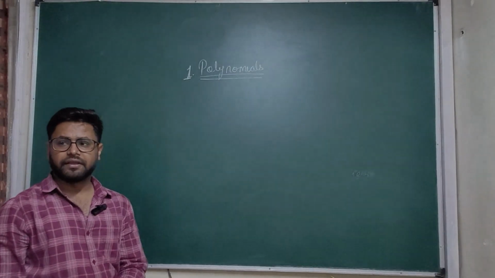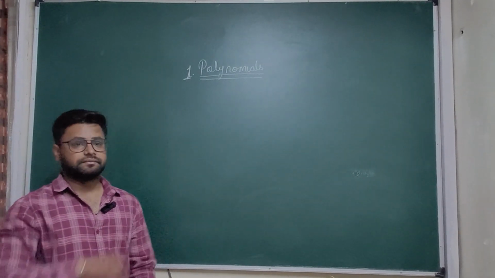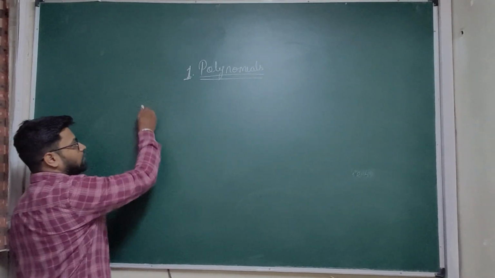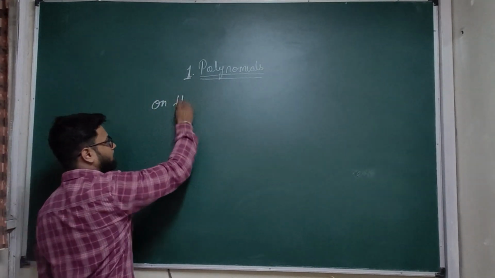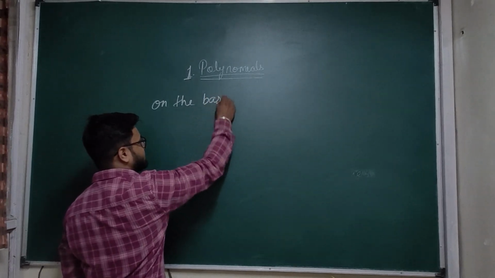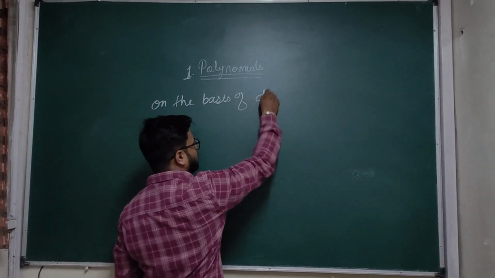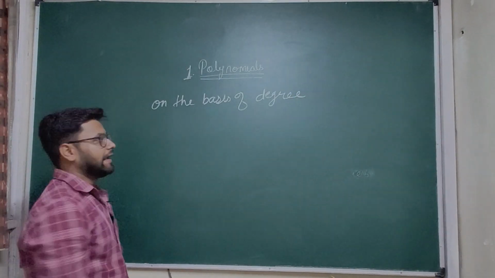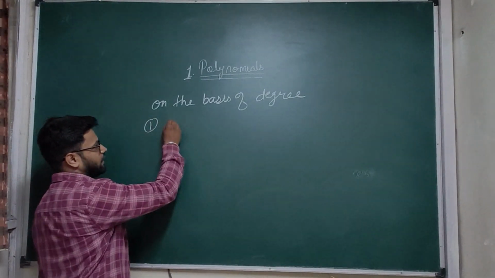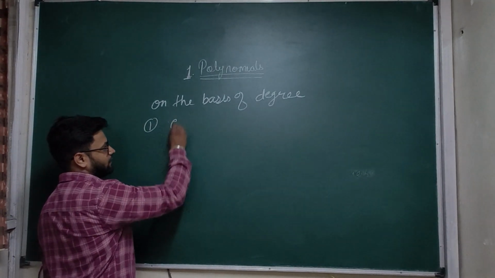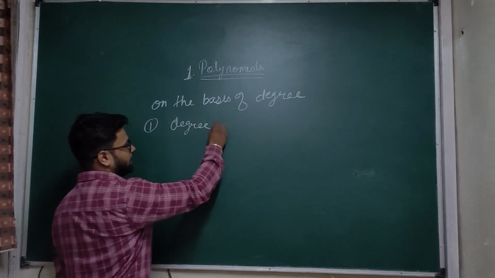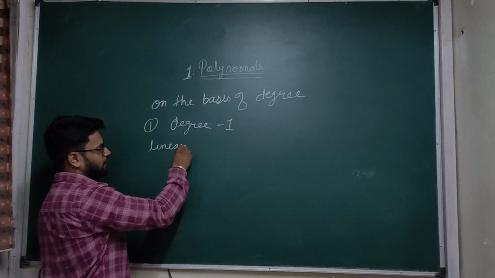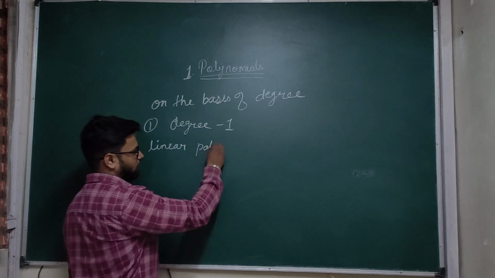Now the next topic is how many types of polynomials there are. On the basis of degree, polynomials are of many types. First, if the expression has degree 1, it is known as a linear polynomial.